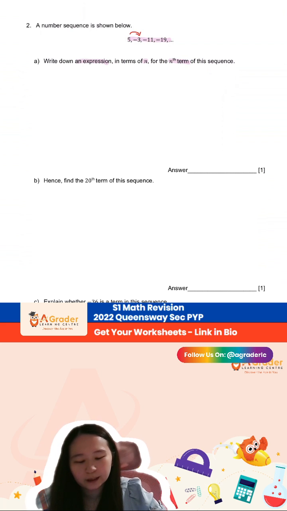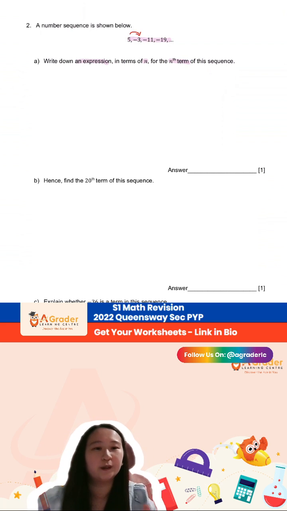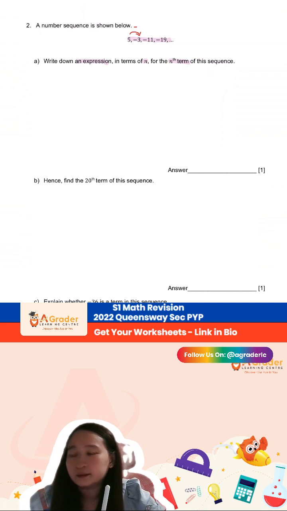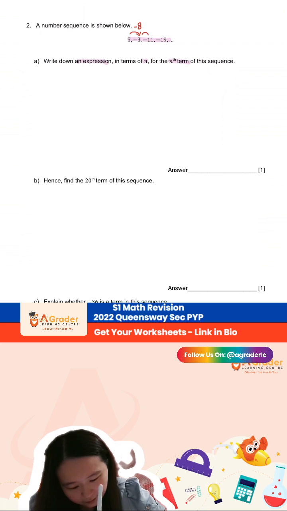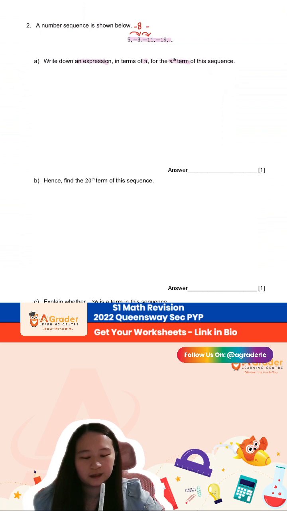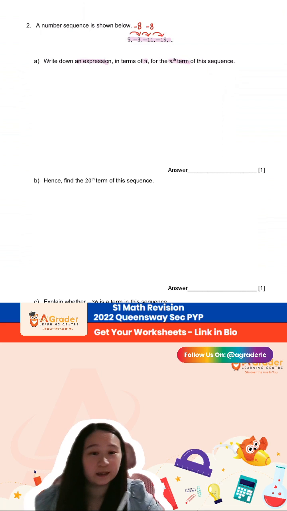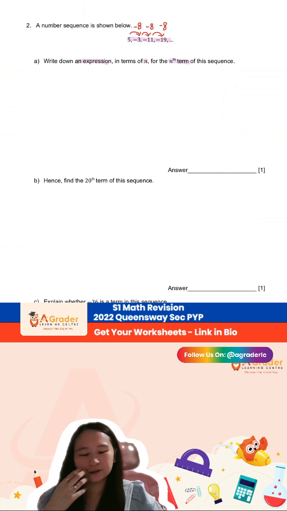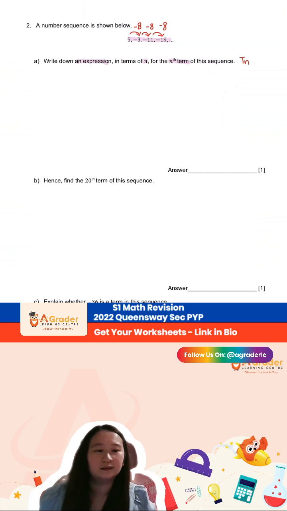So we can try to look at the pattern from 5 to -3. It's -8. From -3 to -11 is also -8. From -11 to -19 is also -8. Okay, so they're asking for the term Tn, term n.